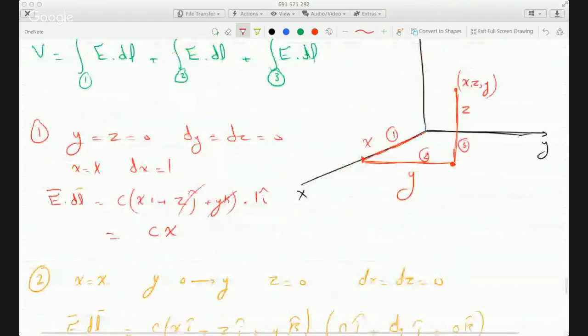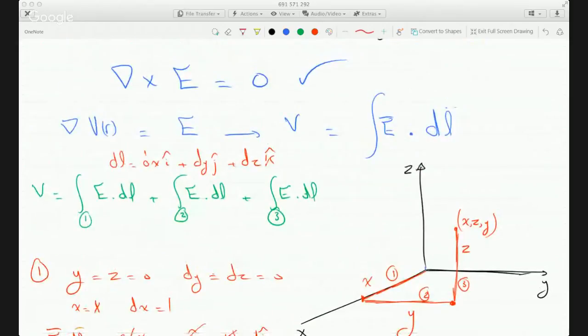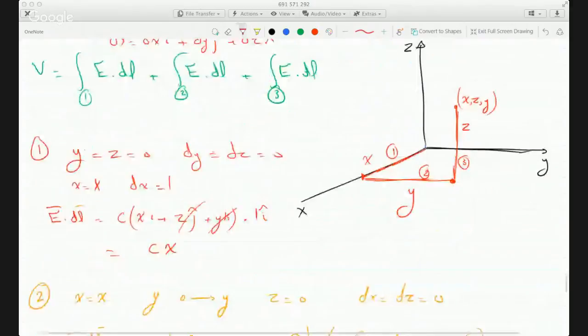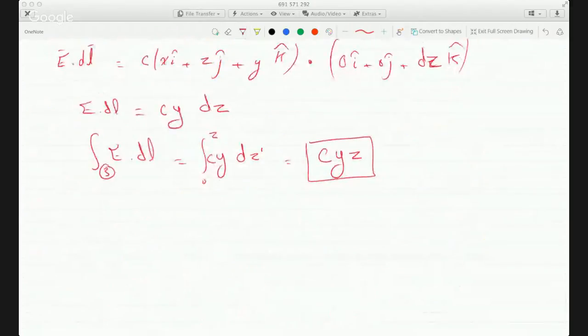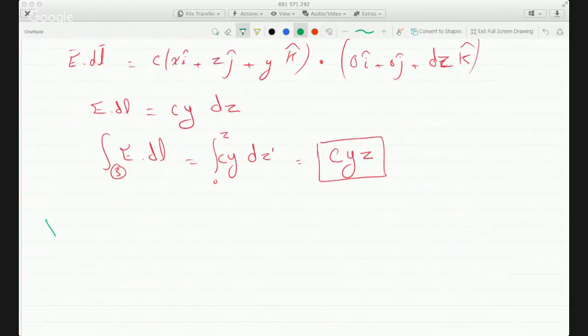And we already said that V is the integral, or actually there's a minus sign here. So V is negative the integral of E dot dl, from 0 to x, y, z.